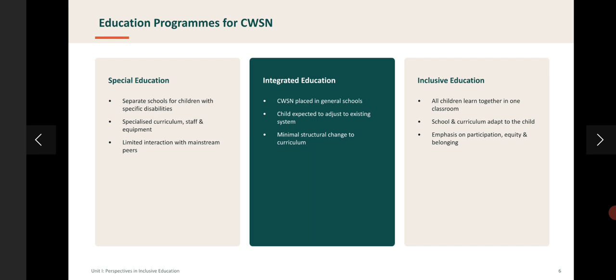The child remains as she is. That is the main thing, right? Child remains as she is. That's really good. So these are the education programs: special education, integrated education and inclusive education for children with disabilities.